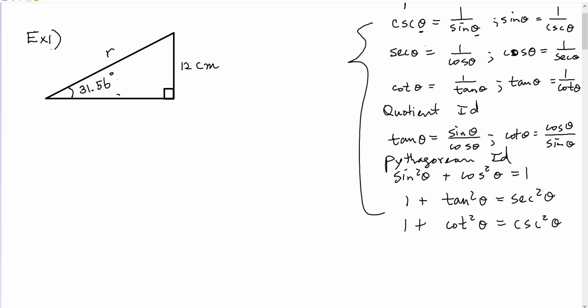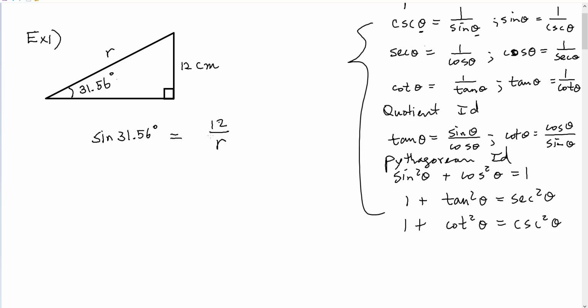Can you tell me how you find the R if I give you this information? So go ahead, write it down. So you wrote it, I hope you wrote it the same as what I wrote. 31.56 degrees is opposite over hypotenuse, which is R.